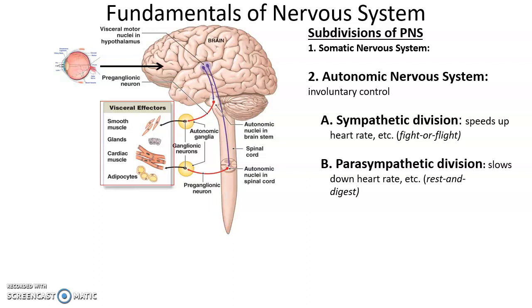So whatever things happen to you when you get really scared or angry, so speeding up the heart rate, increasing breathing, dilating blood vessels and muscles, so more oxygen and nutrients can go to those muscles as they react, things like that. The parasympathetic division is more the responses that happen when you rest and digest.